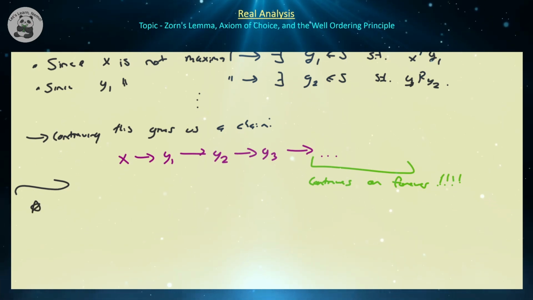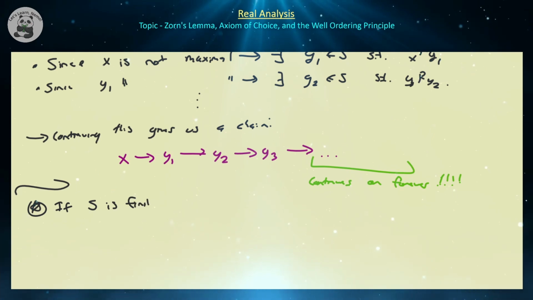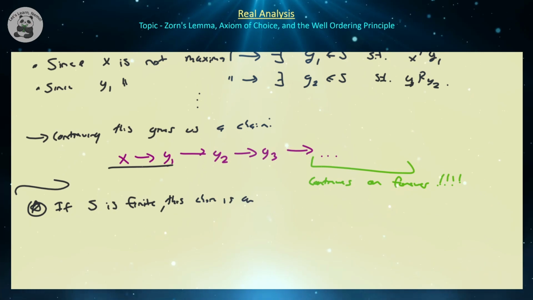Case 1: if S is finite. You were probably thinking, is it possible that we choose an x and it's a singleton set, and therefore we cannot choose a y1 because y1 would then be equal to x? So if S is finite, this chain is an infinite sequence, right?